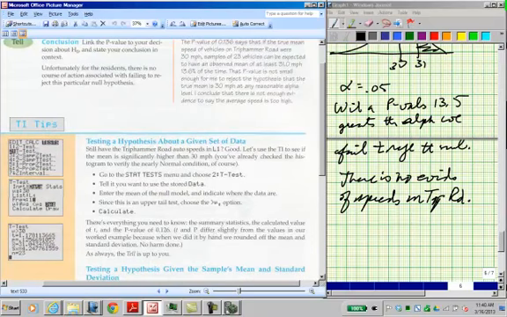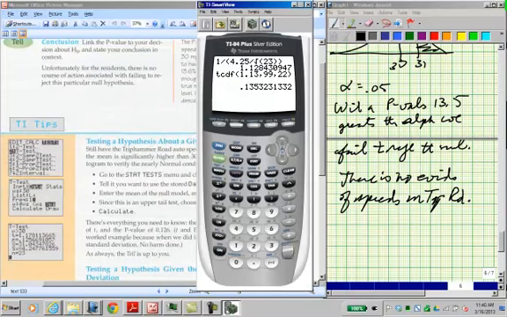Yeah, here we go. Let's use the calculator to do this. So hit clear, and we're going to hit stat and test, and we'll do a t-test, number 2. Okay, and we'll use our data, enter, and then down.